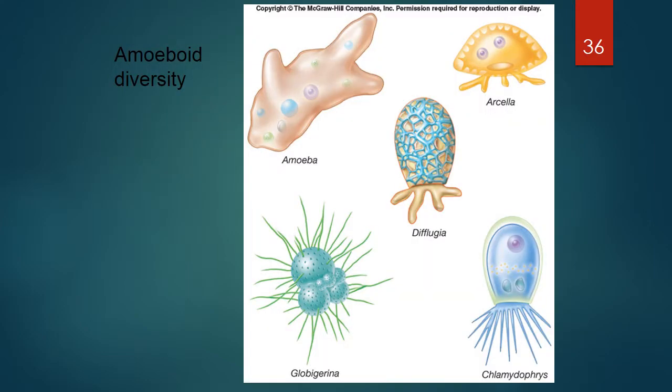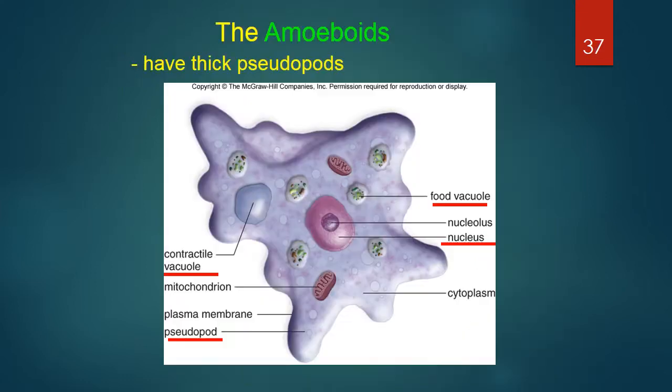But there's a large diversity among the amoeba. The one on the top left is something that most people see. That's the most common. But as you look at this, there's a wide variety of body types. So the amoeboids have that thick pseudopod that we were just looking at.